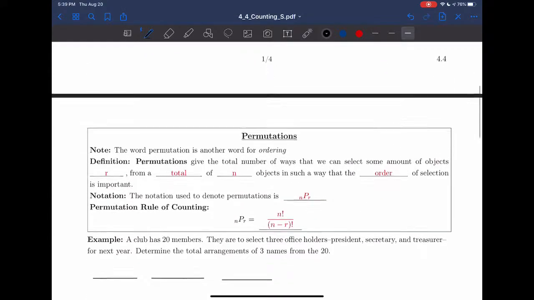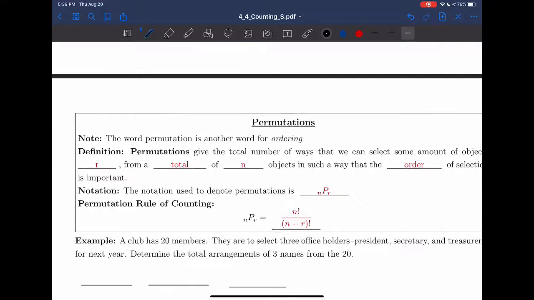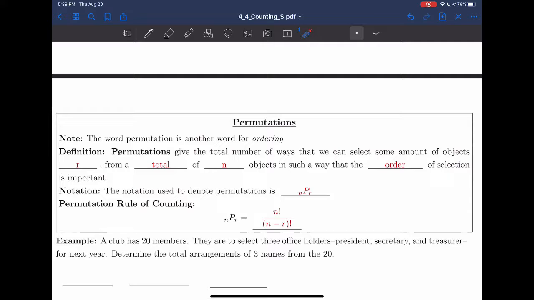One thing I want to talk about is permutation. Another word for permutation is ordering, which is going to make sense in a bit because when dealing with permutation, order matters. So permutation gives the total number of ways that we can select some number of objects r from a total of n objects in such a way that the order of the selection is important.